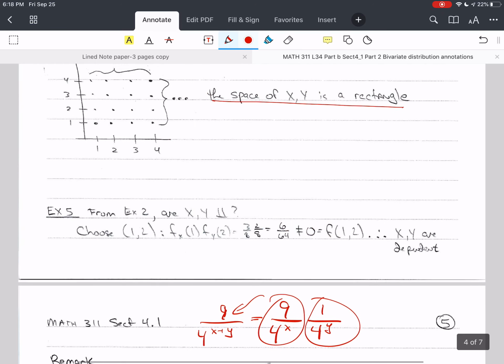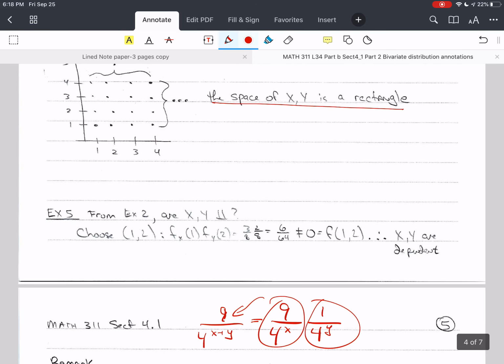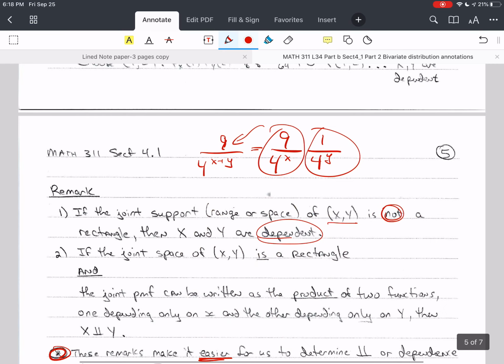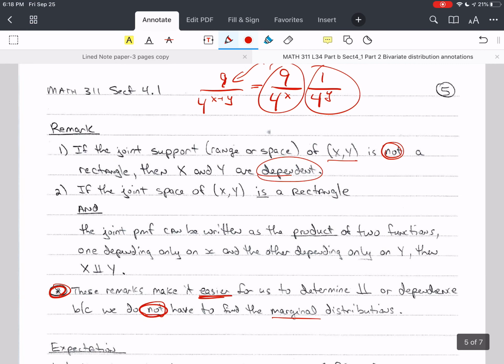If this wasn't rectangular, I wouldn't have to do anything else. I could just say, oh, no, they're not independent. However, just looking at this by itself doesn't tell me that they are independent. It has to be a rectangle or they can't be independent, but being a rectangle does not mean that they are independent. They could be independent.